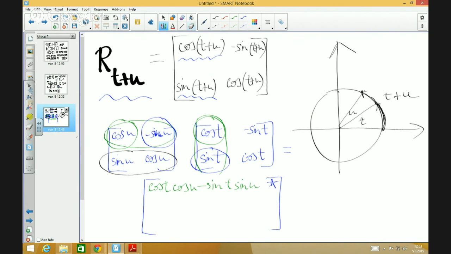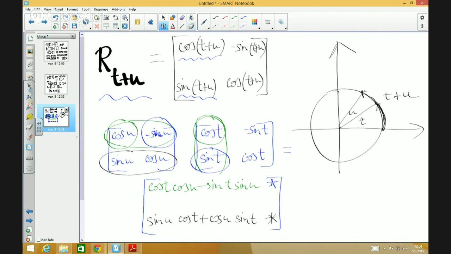Well, I get sine of u cosine of t plus cosine of u sine of t. And of course, I could also compute what goes in here, but I don't care. It's not important for the thing I want to show you.